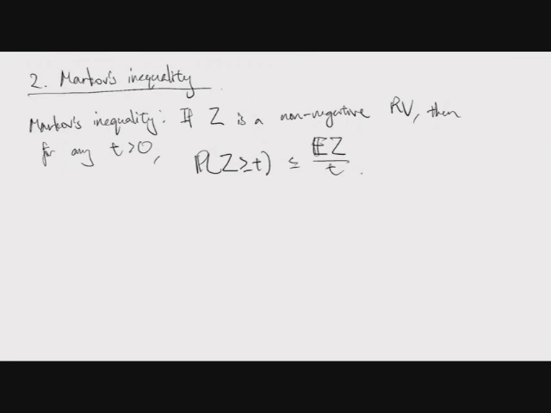And it's crucial here that Z is non-negative. If Z can take negative values, this is not going to work.